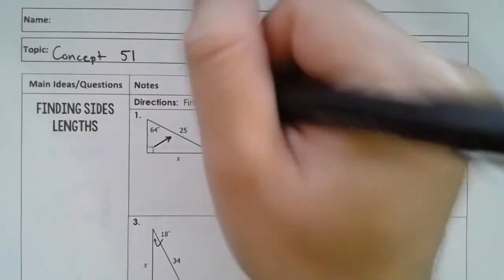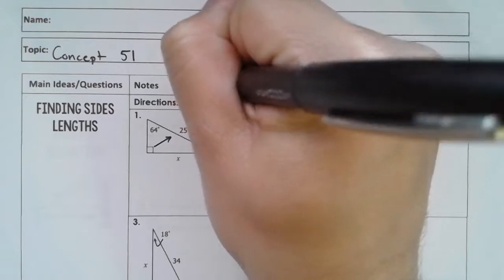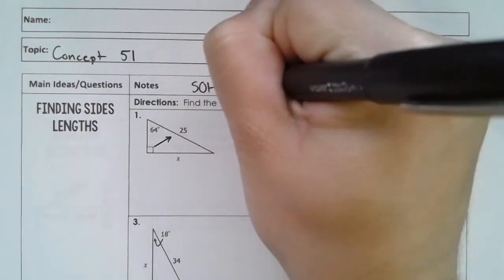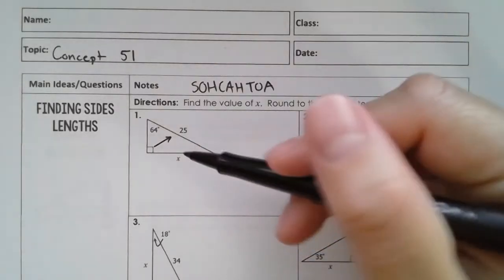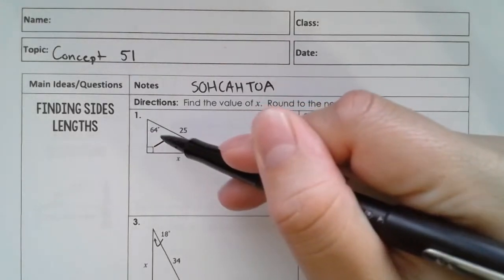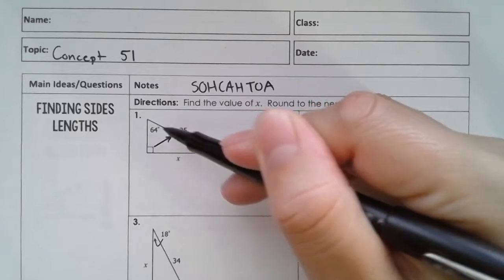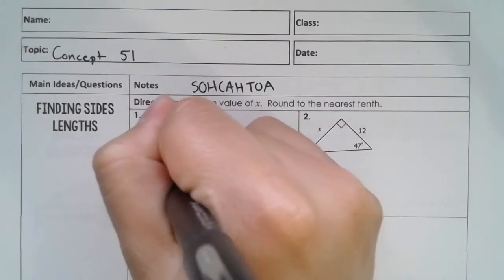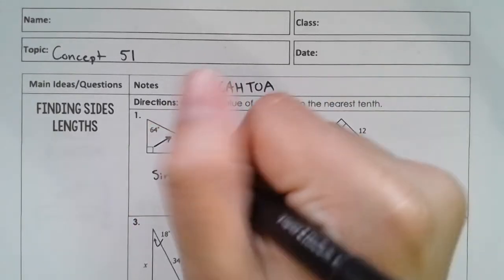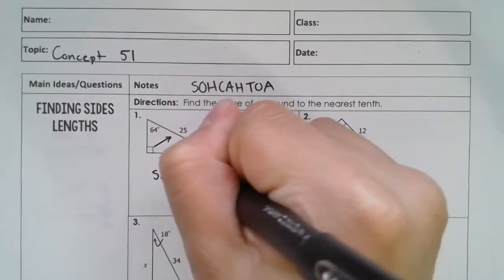So maybe it helps to have it written in. Opposite of the angle over the hypotenuse. So sine of 64 is equal to opposite over hypotenuse.